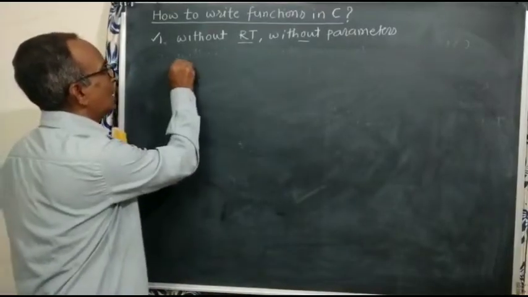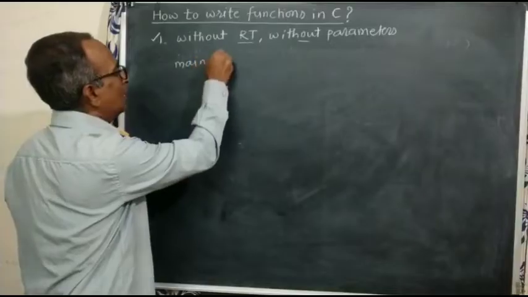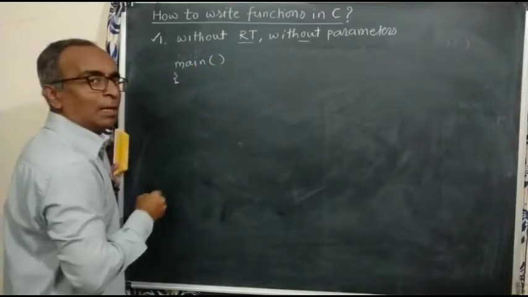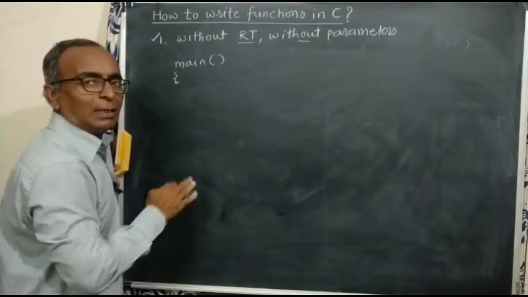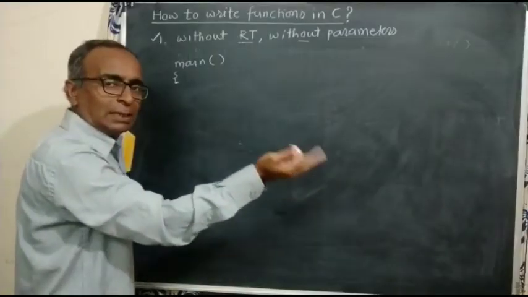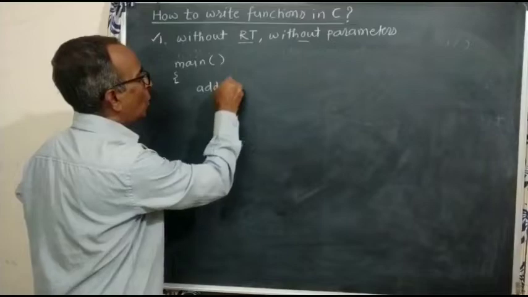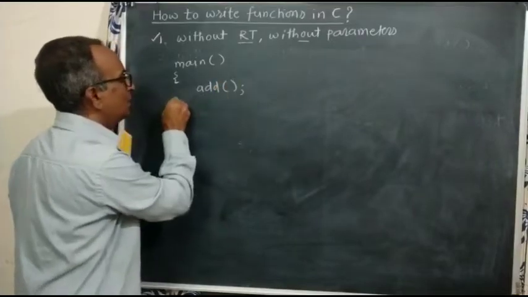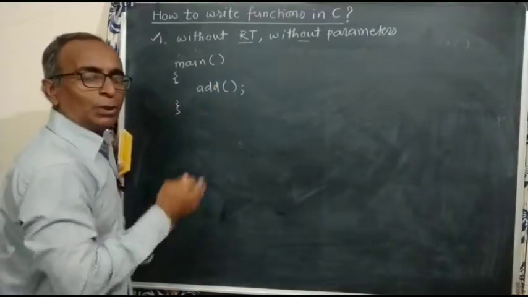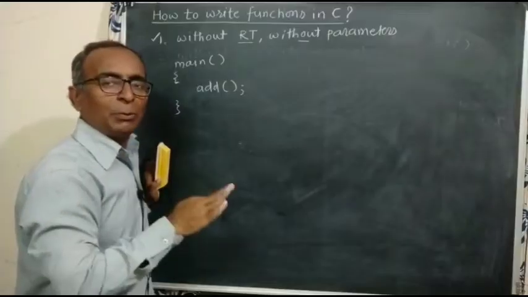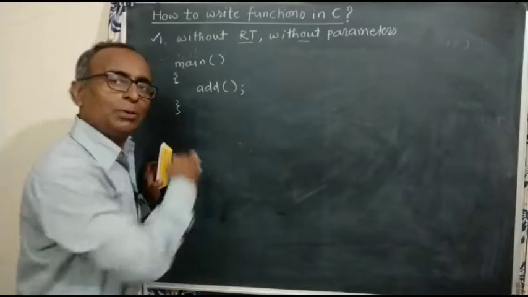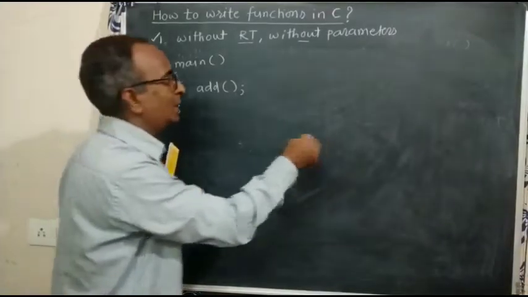So I will write master. What is master doing? Is he sending anything? No. Is he expecting anything? No. So just there will be a call for that function. Who is doing reading, processing, and giving output? Slave itself, the function itself.